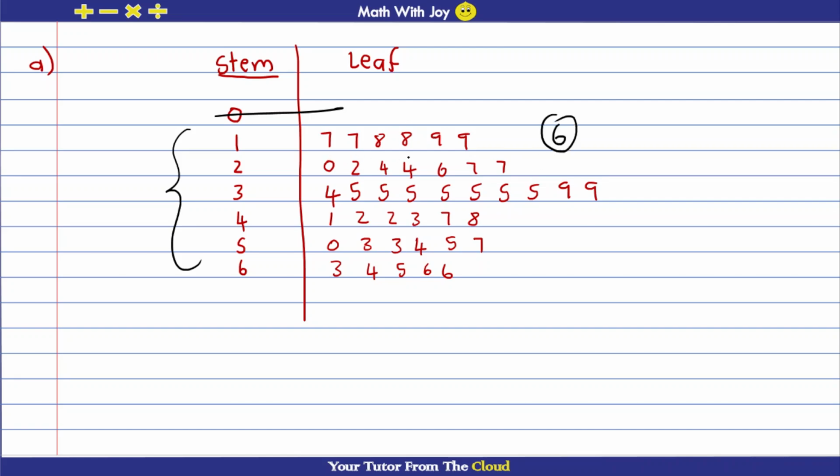Then 1 2 3 4 5 6 7 8 9 10, then 6, 6 again, and 5. So these are your frequencies.